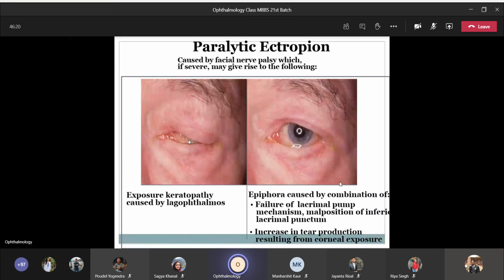So paralytic ectropion leads to lagophthalmos and exposure keratopathy. And epiphora, which is caused by combination of failure of lacrimal pump mechanism, malposition of inferior lacrimal puncta, and increase in tear production resulting from corneal exposure. So paralytic ectropion leads to epiphora also because of the pump failure.